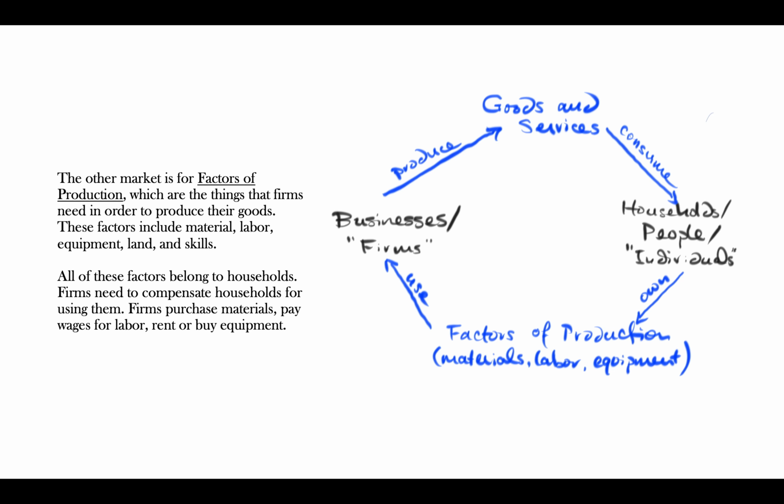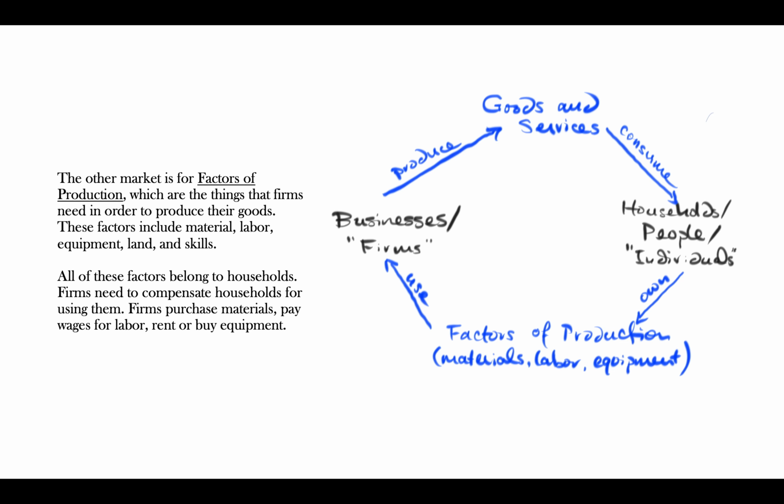Someone owned the flour that was converted into bread, and so the bakery gives money to the owner of that flour, the farmer who grew the wheat. The store, the oven, all of those belong to somebody, and the bakery is renting them or buying them from the person who owned those factors of production.